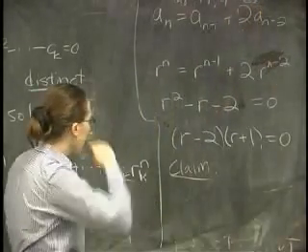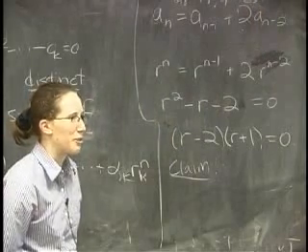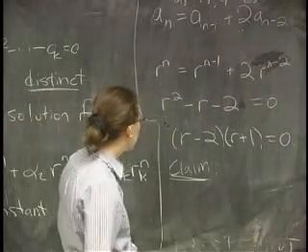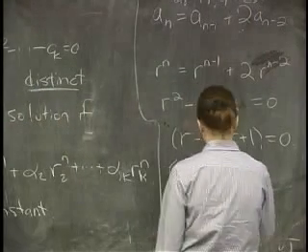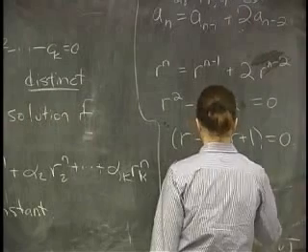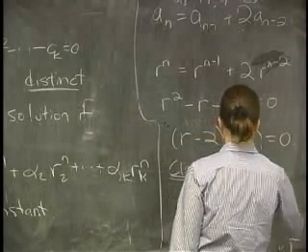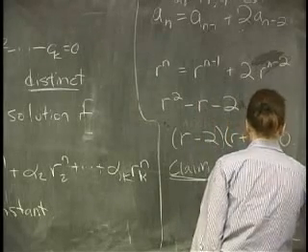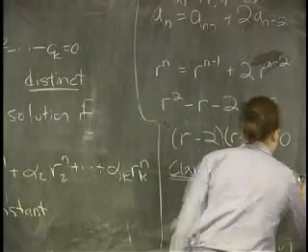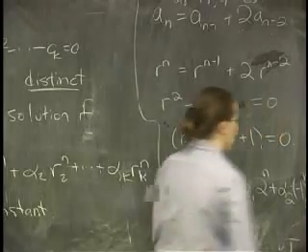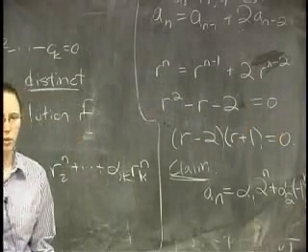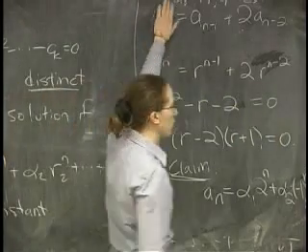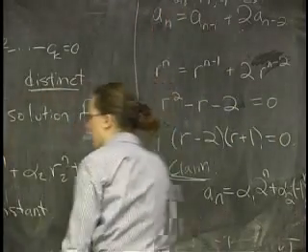Okay. Now my solution is going to be different from what I wrote in your notes, but that's too bad. I claim my solution is of the form a_n equals alpha 1 times 2 to the n plus alpha 2 times minus 1 to the n. Now I have to find out what alpha 1 and alpha 2 are. Fortunately I have two starting conditions.